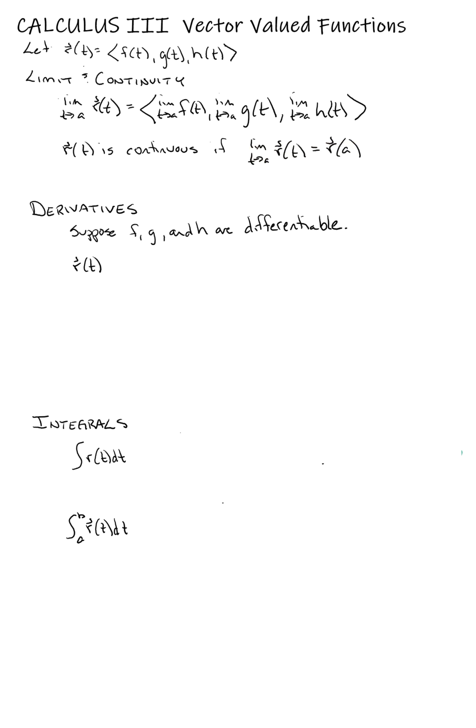Let's take a look at finding derivatives. Now to begin with, the component functions have to be differentiable. So f, g, and h are all differentiable. And then, just as you might expect, the derivative of this vector-valued function r, r prime, is simply the derivative of each of its component functions.